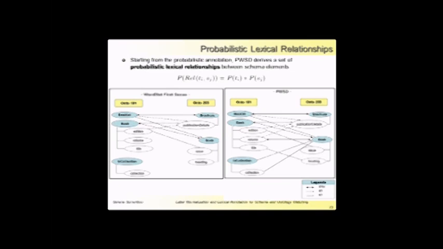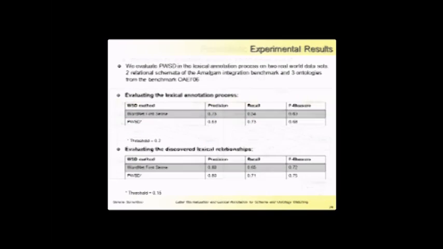And as we can see, by using our method, we obtain more relationships, and we obtain not flat relationships, but probabilistic relationships. Thus, we can improve the probabilistic result, for example, by applying a threshold in order to filter the relationships with a probability under a certain threshold.